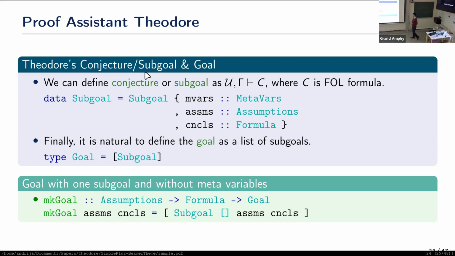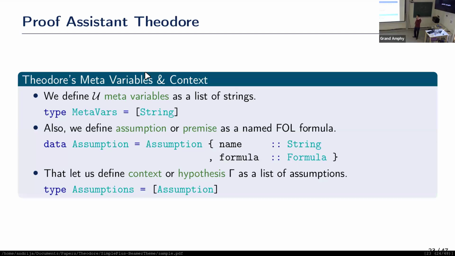So we can also define a new function that, given assumptions and the formula, produces a new goal with an empty list of meta variables. One note here, usually we are going to search for some particular assumption in the list.